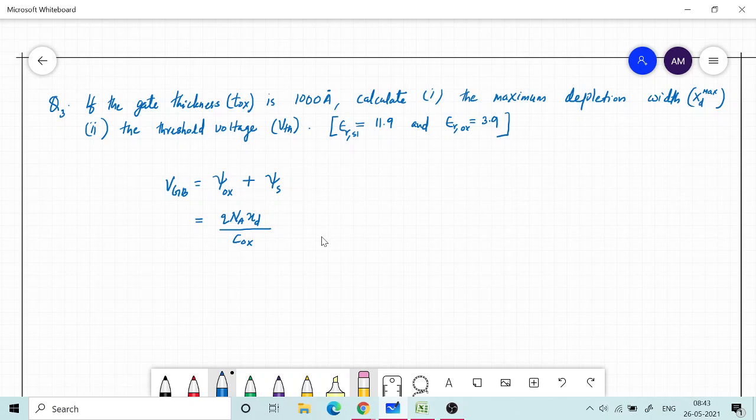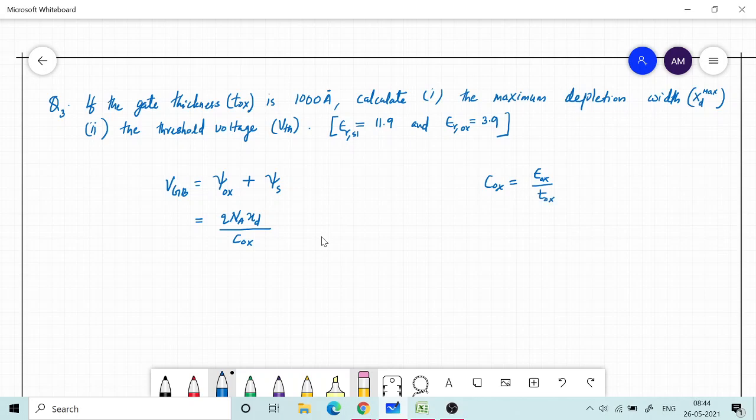We applied Gauss law, and that is how we came to this. After finding the electric field, we integrated it across the oxide region to find the voltage. The field was constant, and therefore XD came. Cox is basically epsilon ox divided by Tox.